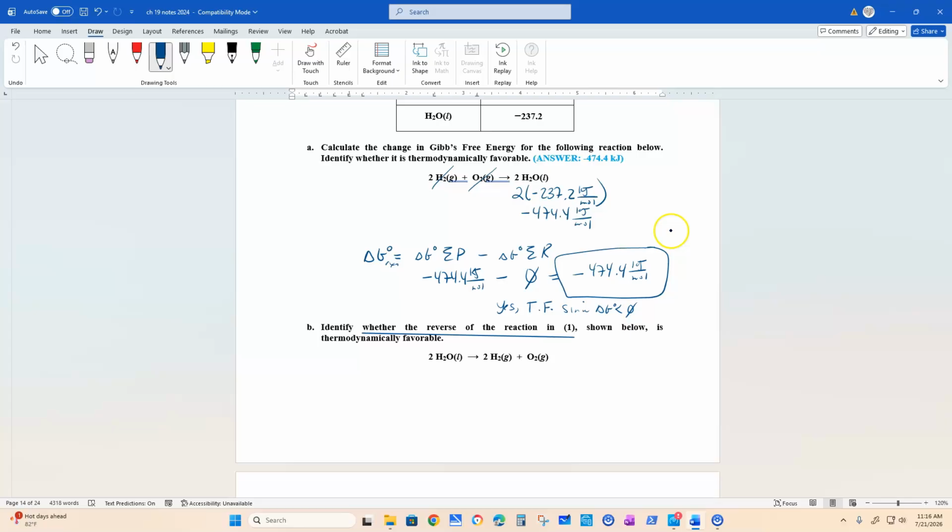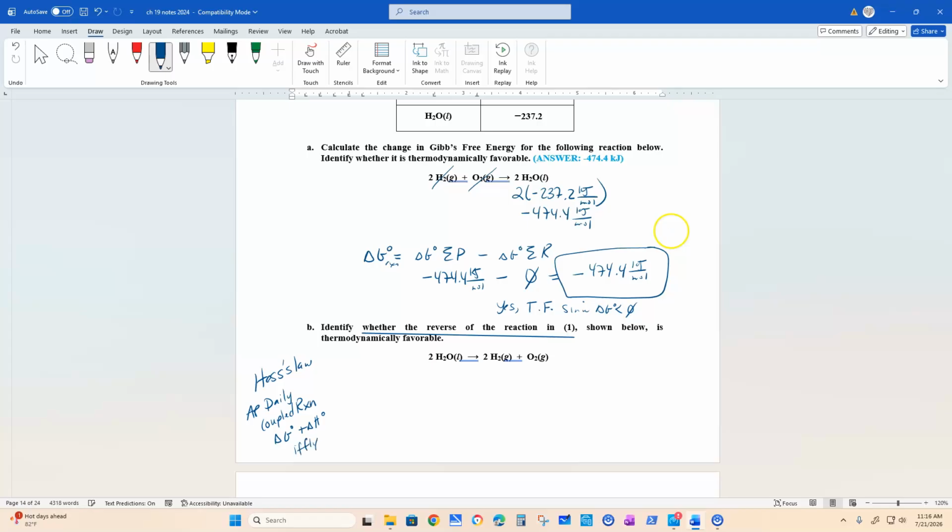Okay, well, remember, just like with delta H, Hess's law. And there is an AP Daily coming in Unit 9, I believe it's called Coupled Reactions, where delta G and delta H correlate with each other.